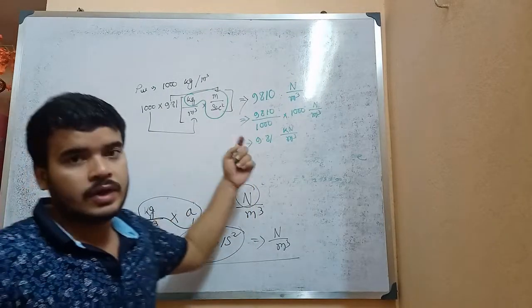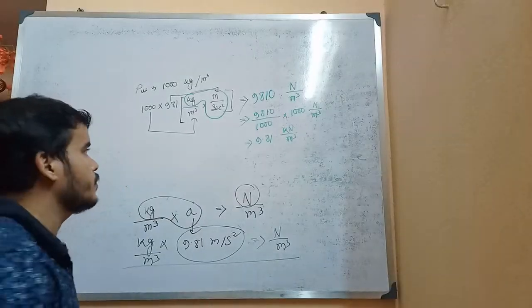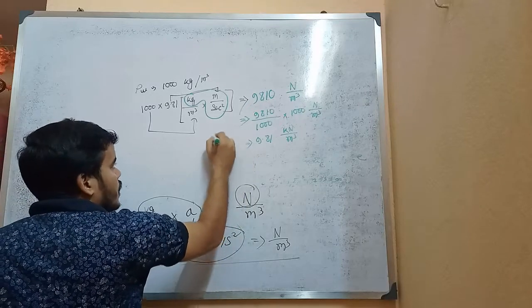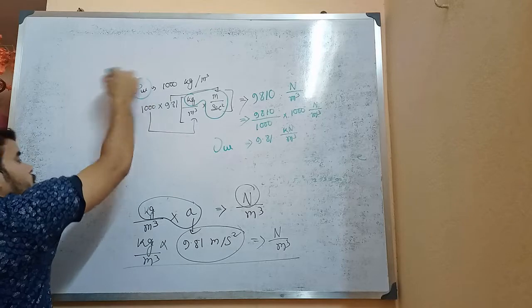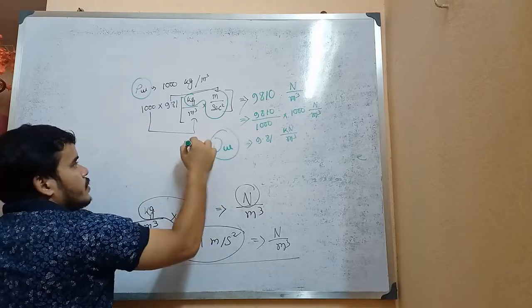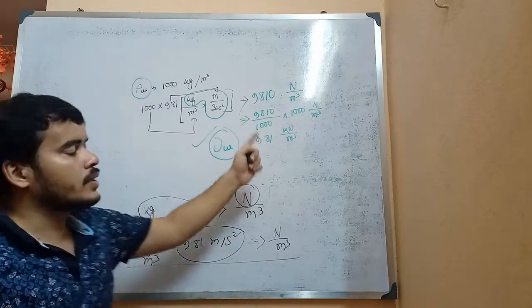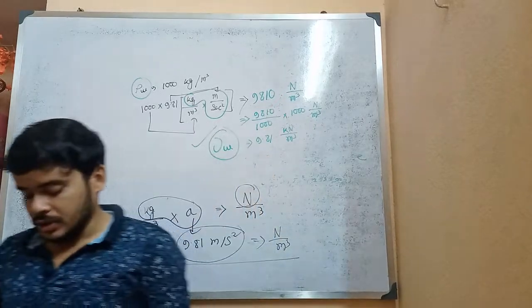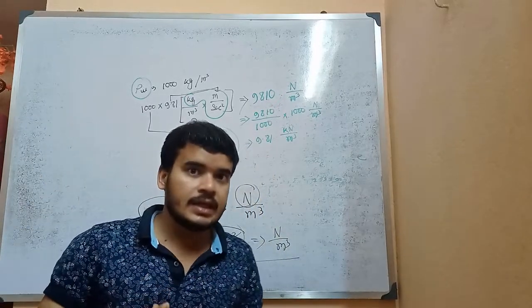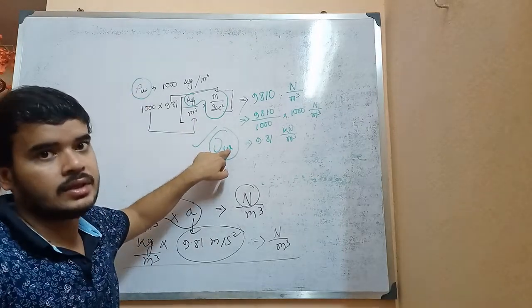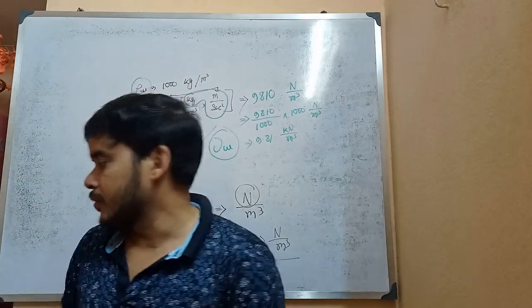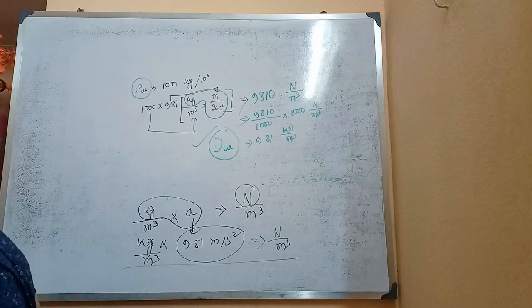So unit weight of water is 9.81 kilonewton per meter cube. So density rho W, unit weight gamma W, 9.81 kilonewton per meter cube. So I think now this is clear what is the difference between density and unit weight. Now we will go for each term about unit weight.